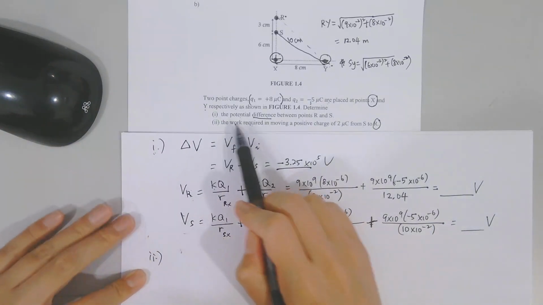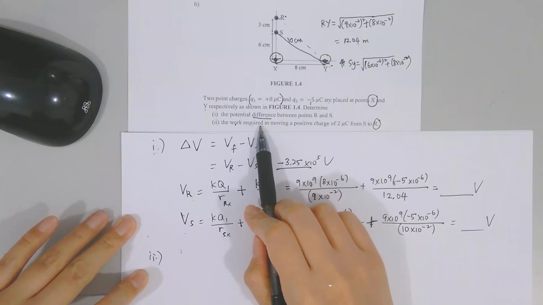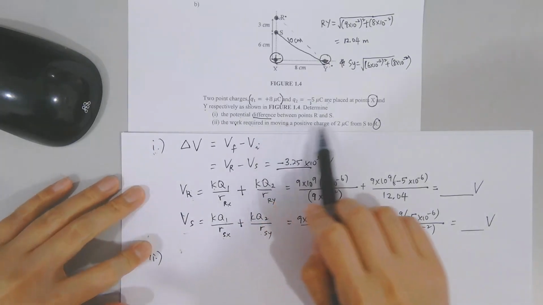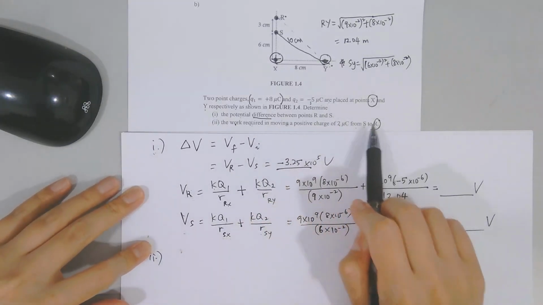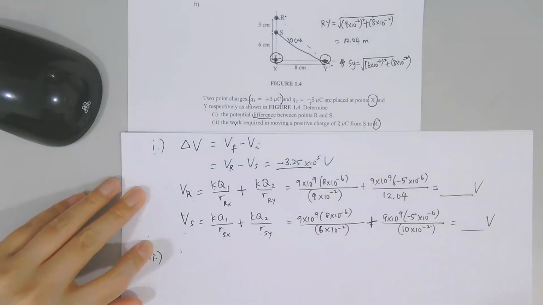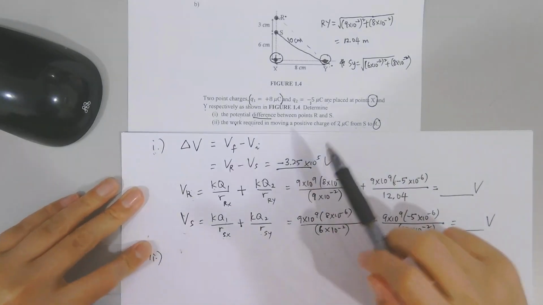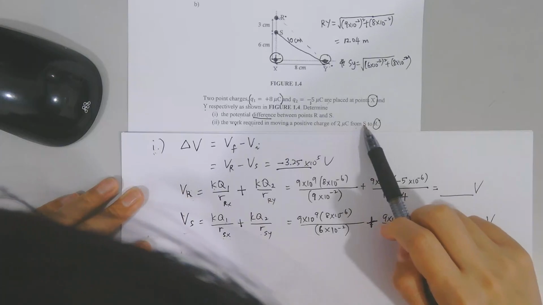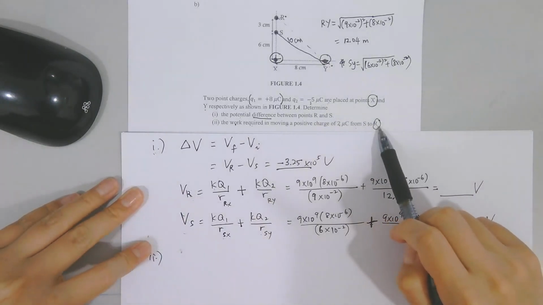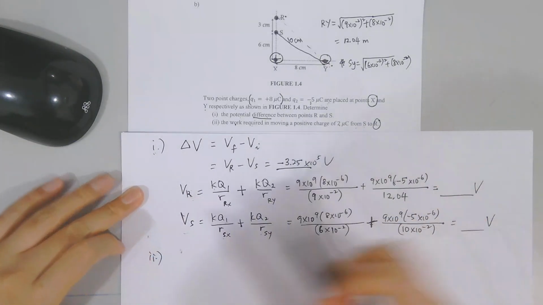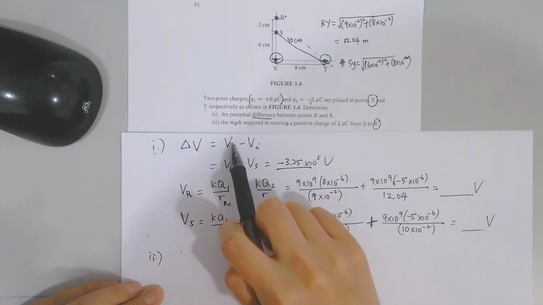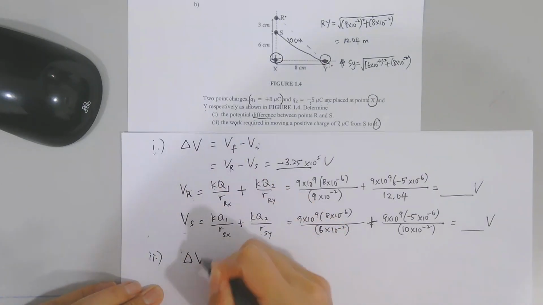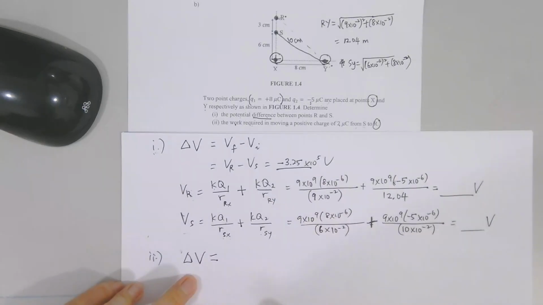How am I going to find the work required to move a charge from S to R? If I transfer a charge from a point to another, remember I always have to use a definition for potential difference.